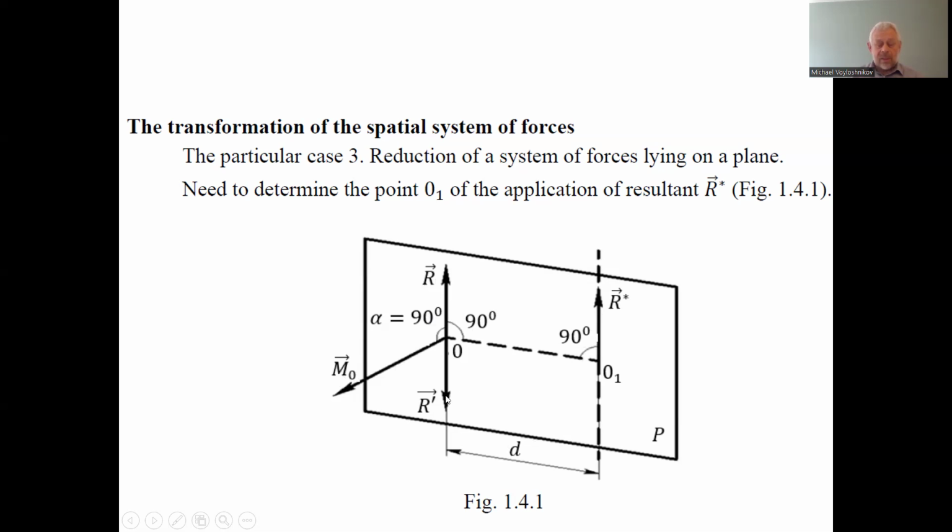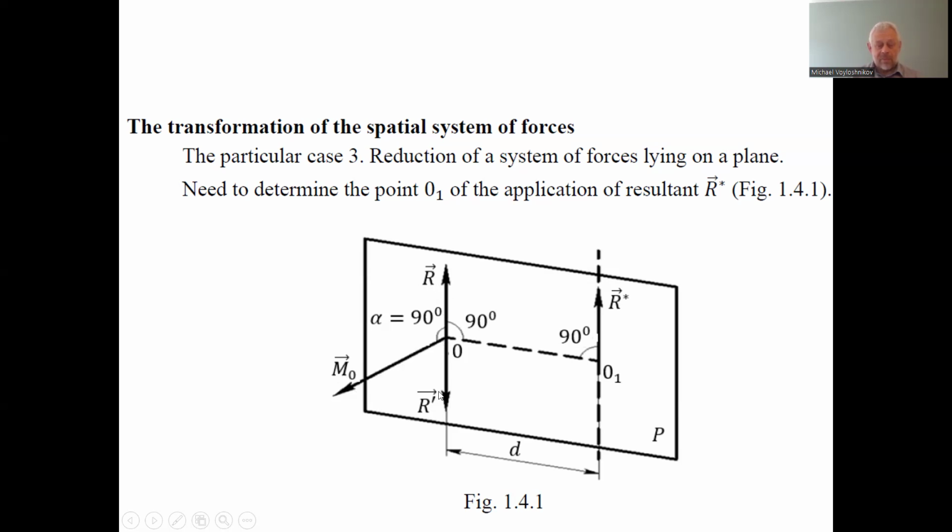These two forces, this one which is in the couple with R asterisk, the second one R stroke, are equivalent to the rotating moment M0, the main moment. That's why we took this force R stroke of the same magnitude as the force R and in the opposite direction to the force R.